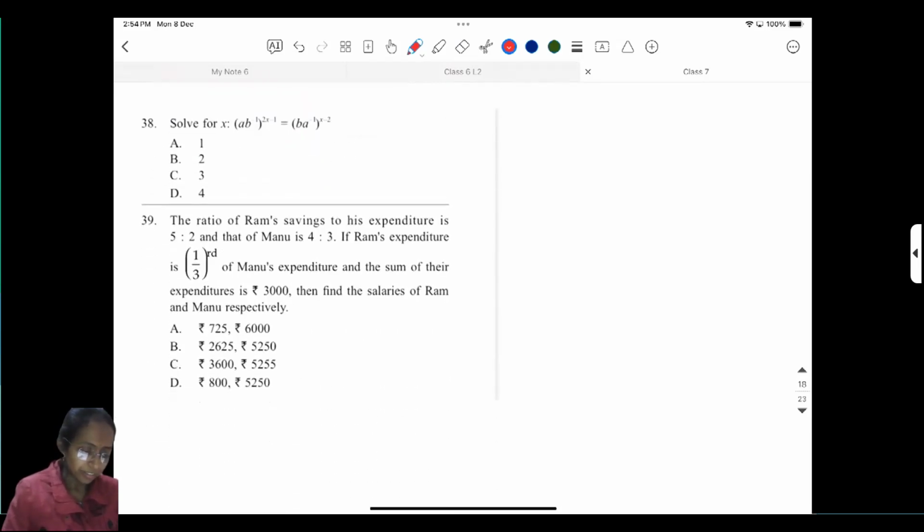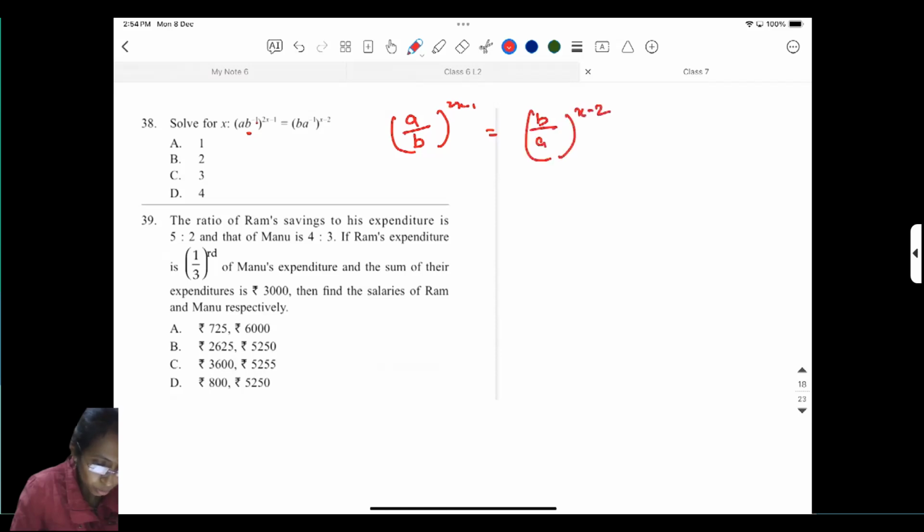Now solve for x. In this question, this is A. When any number raised to the power minus 1 is there, we can write it in the denominator form. A upon B to the power 2x minus 1 is equal to B upon A to the power x minus 2. So for equating them, we need to reciprocate the base.